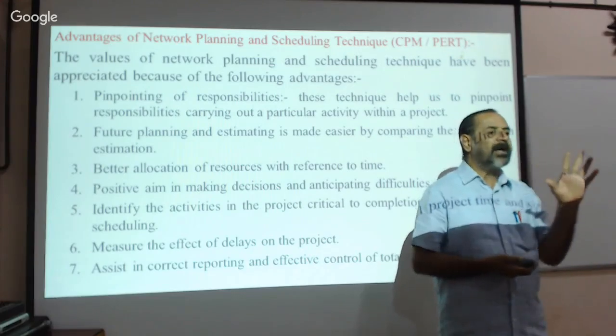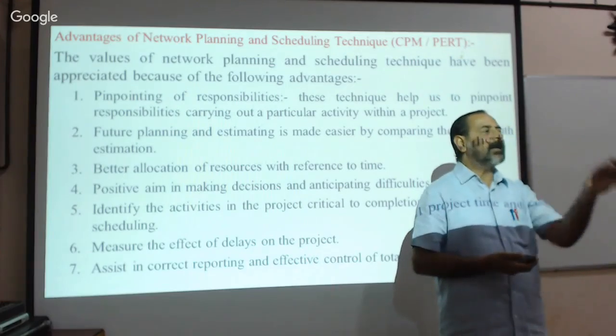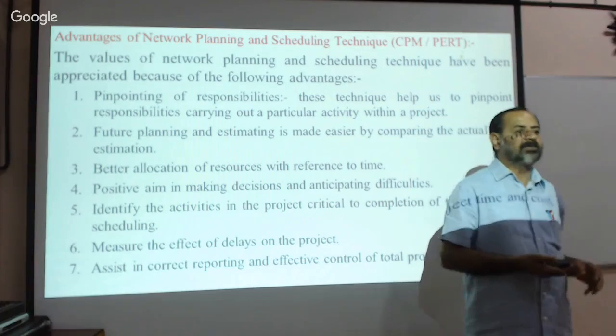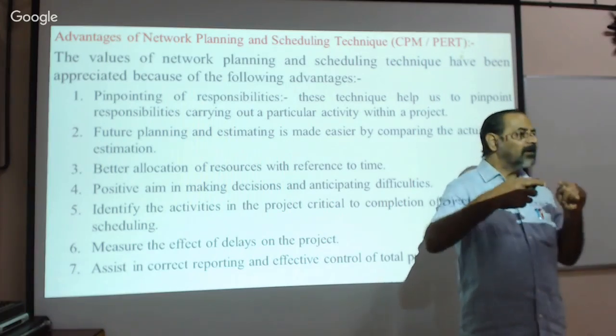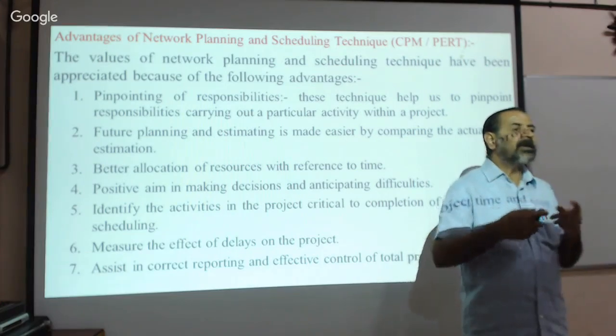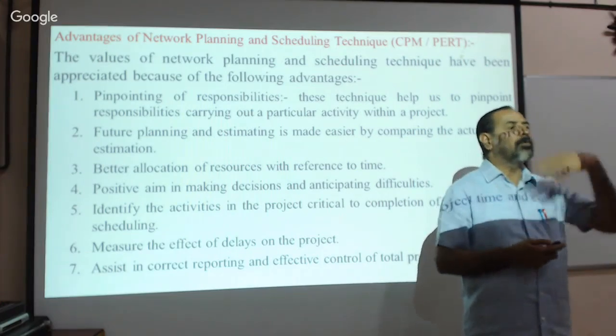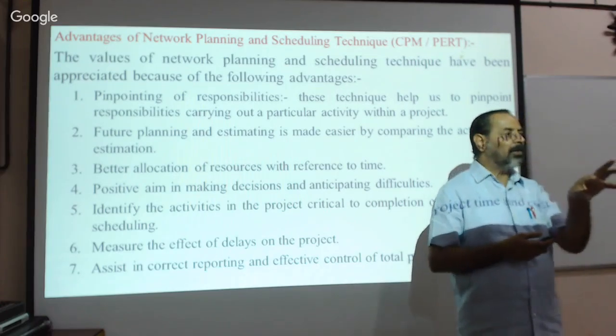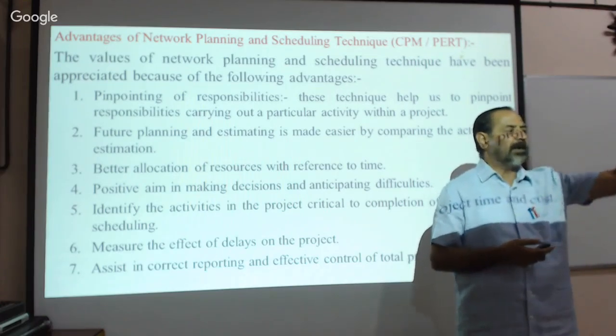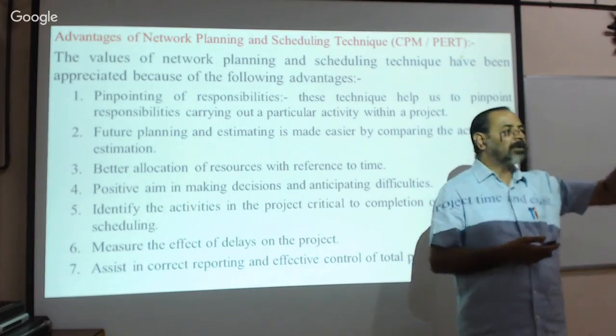If you have 10 buildings, you have to prepare 10 network diagrams. Then combining all these, you prepare one more network diagram, and you can have control over each building, each apartment. The 10 numbers also you can manage.